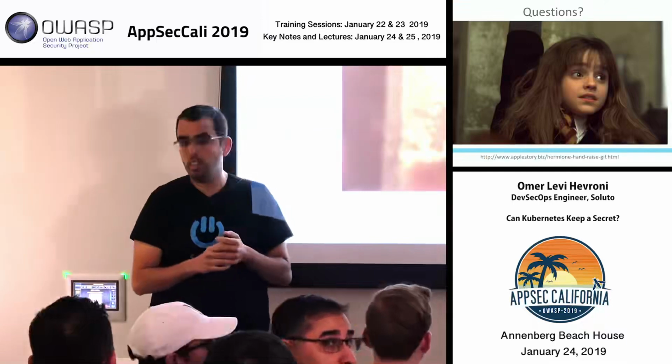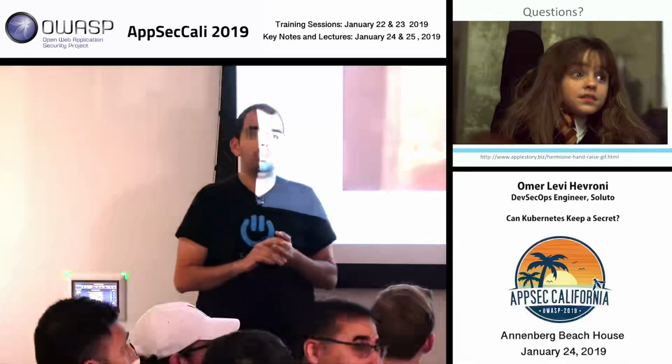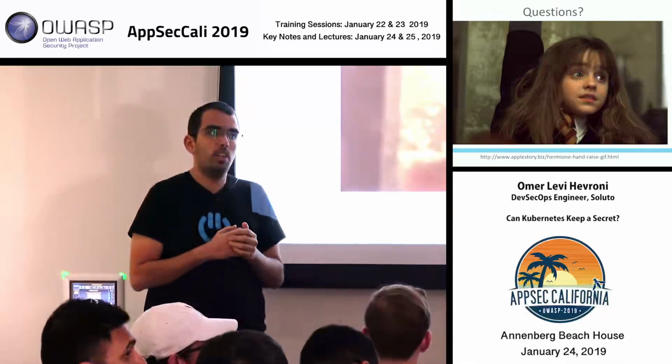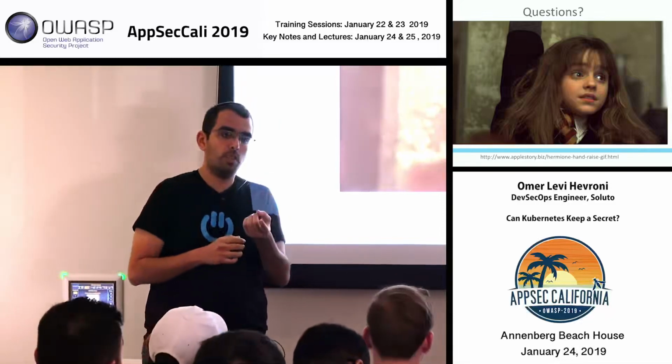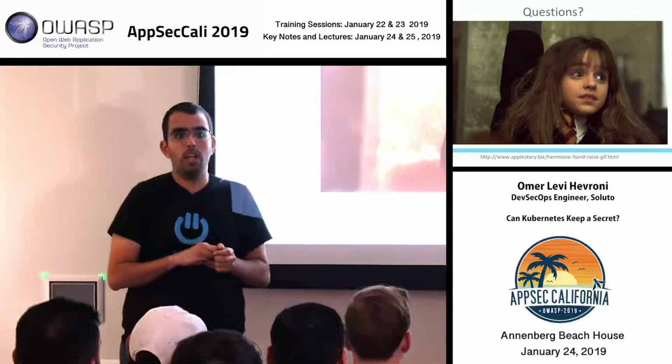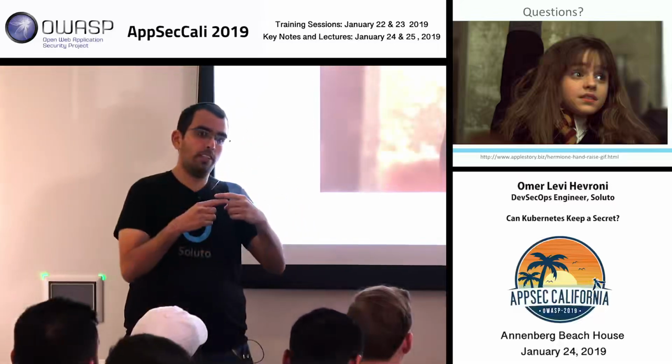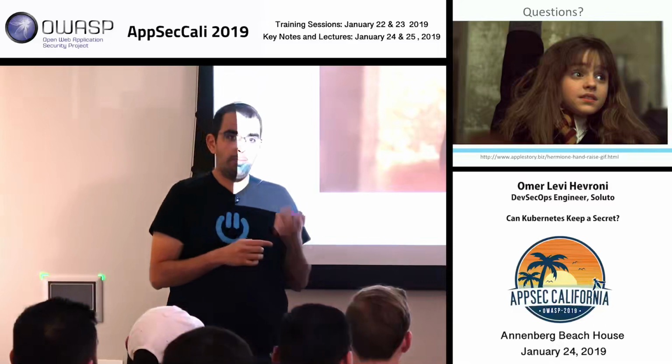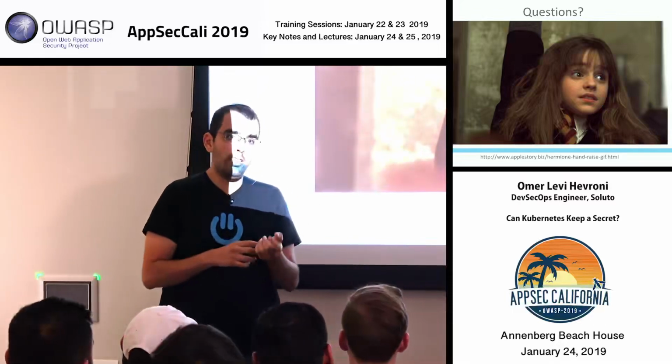Do you have the ability to unmount the volume before the pod goes live? Which volume? The volume where you're storing the secret. If you unmount it before the pod goes live, the pod will not be able to read it. What you can do is call the Camus API directly from your pod.